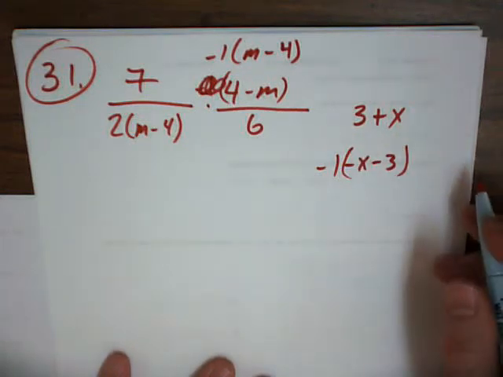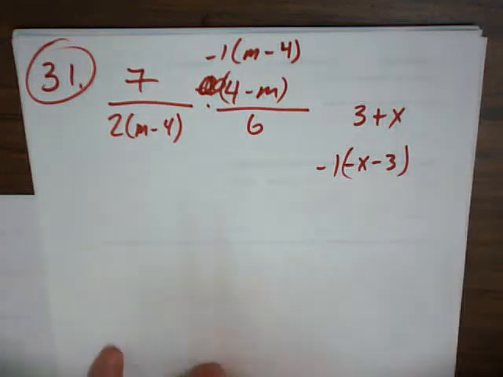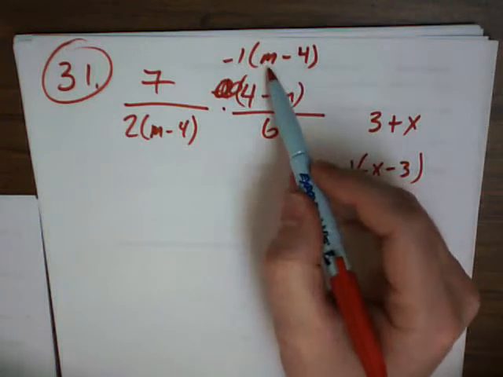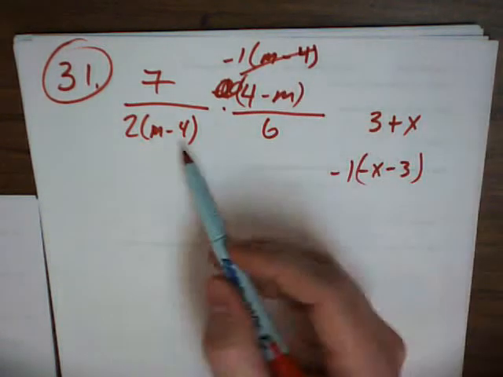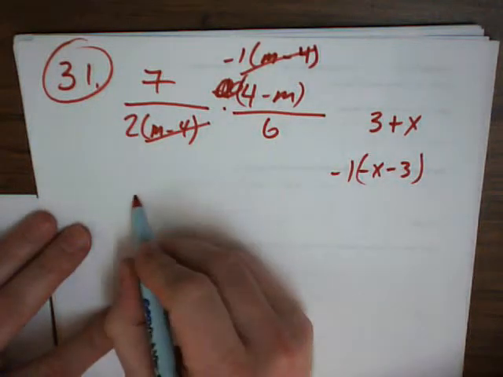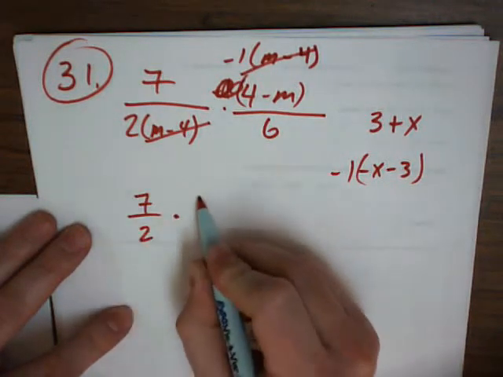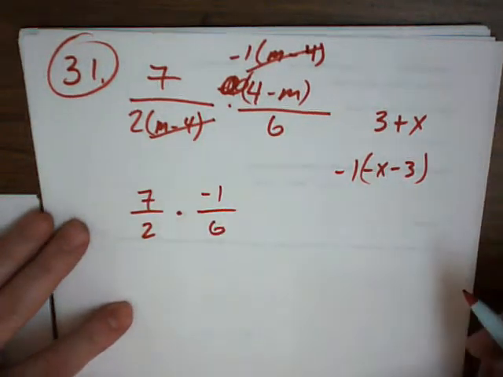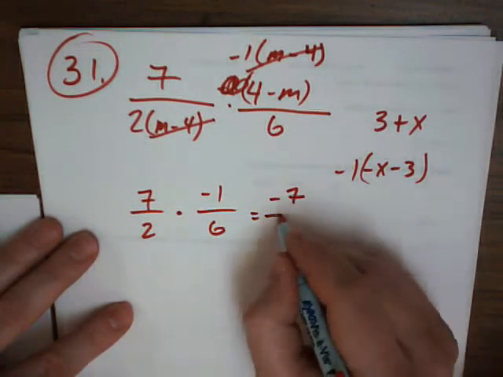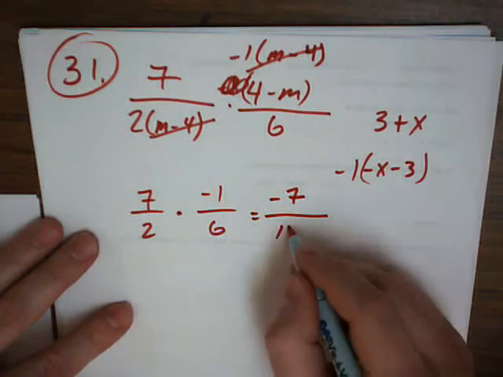Are you getting the negative 1 off the end? Yeah, I'm factoring out a negative 1. So when I do that, I've got m minus 4 and m minus 4, and they cancel. So I'm left with 7 over 2 times negative 1 over 6, which would be negative 7 over 12.